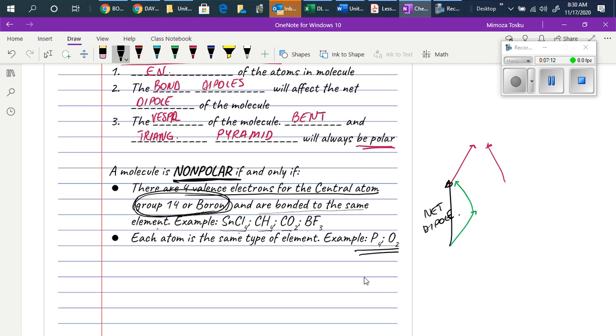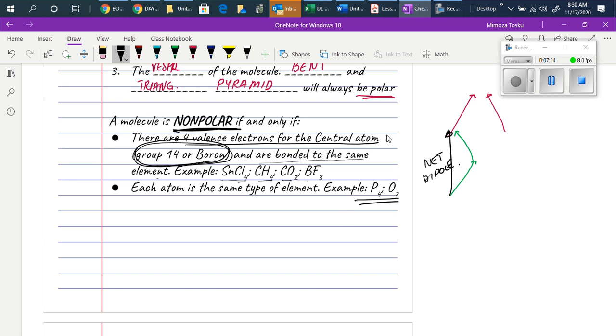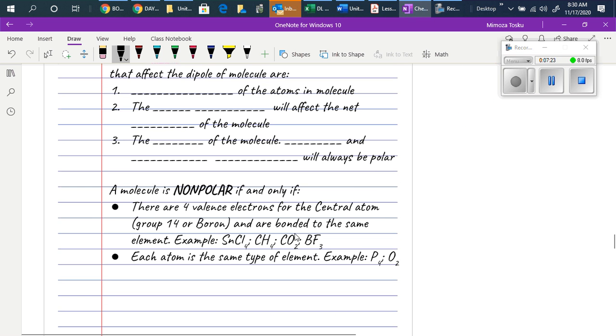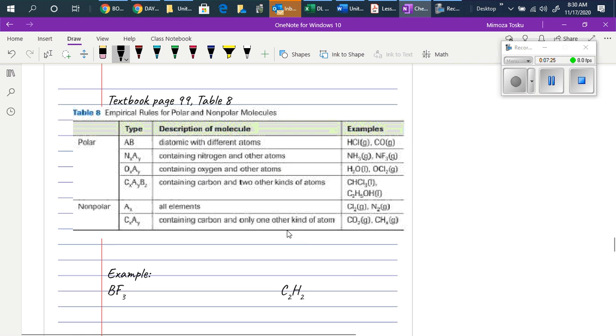Okay, so what I want you to do now is to take a look at the textbook, if you have the textbook, page 99, and you will see a table which is very self-explanatory.